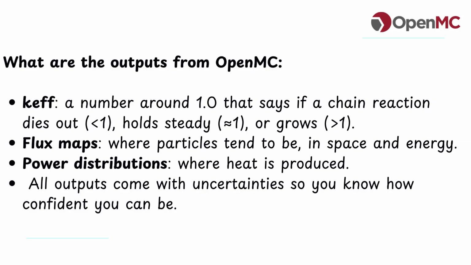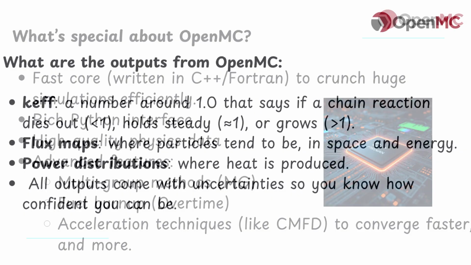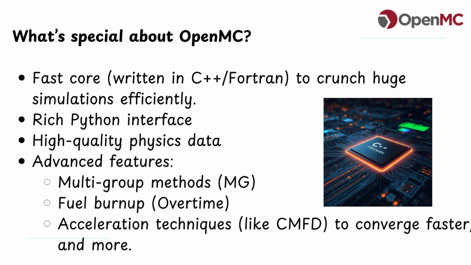If the reaction is decreasing, it gives us less than 1. It also gives us the space and energy distribution of the particles in the system and the power distribution, which is the heat distribution in the system, and it gives all the results with the uncertainty. So we get to know how sure we are about our solution.